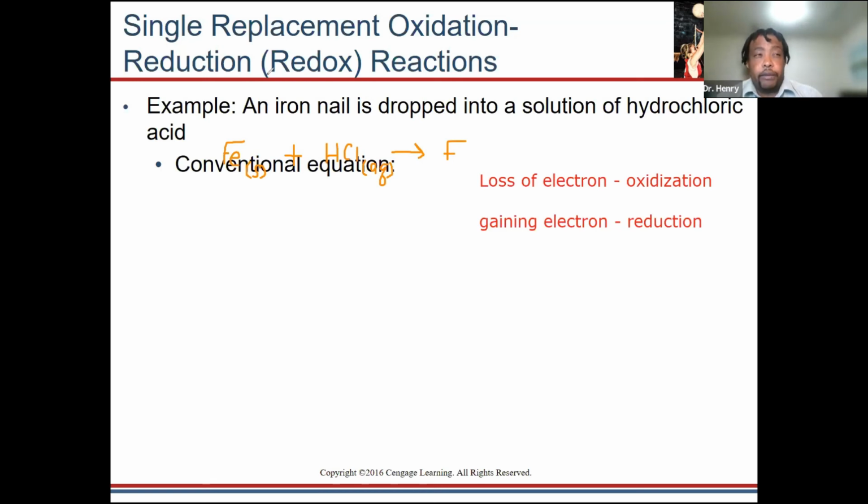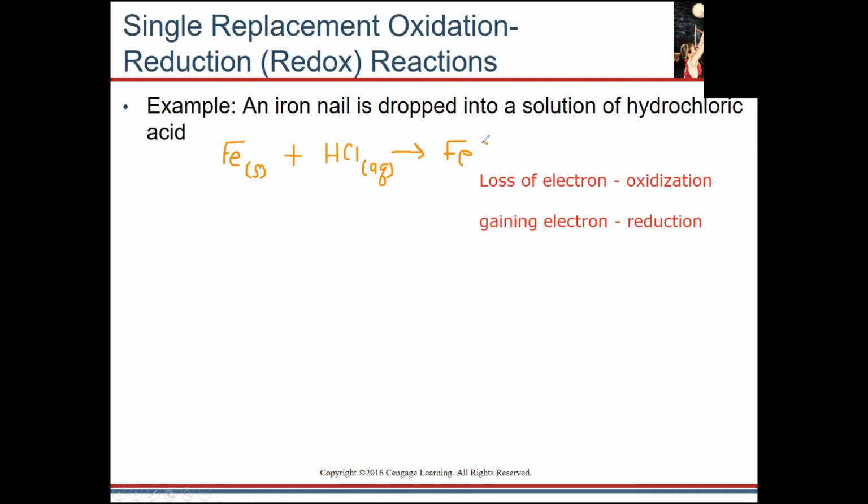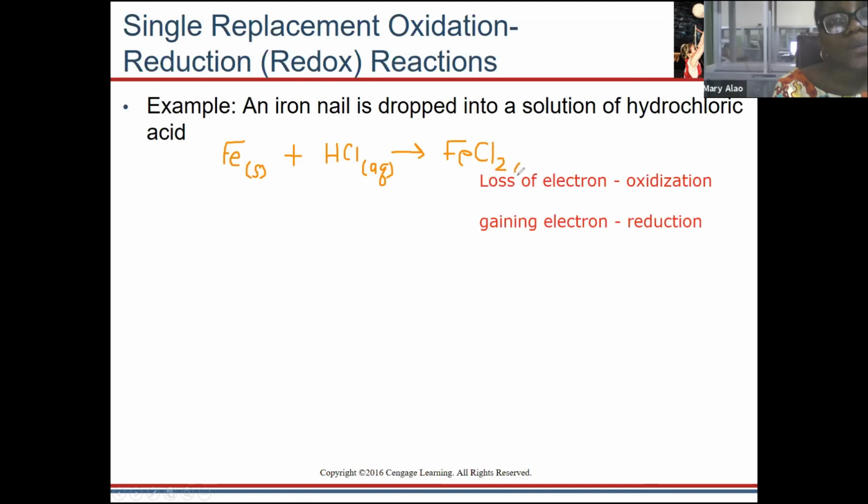The only exceptions are going to be silver and aluminum. Okay. So if it's Fe2+, how many chlorines am I going to need to balance it out? 2. Okay. FeCl2, and it's going to be aqueous.